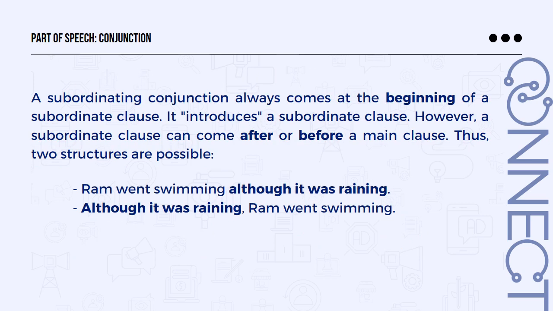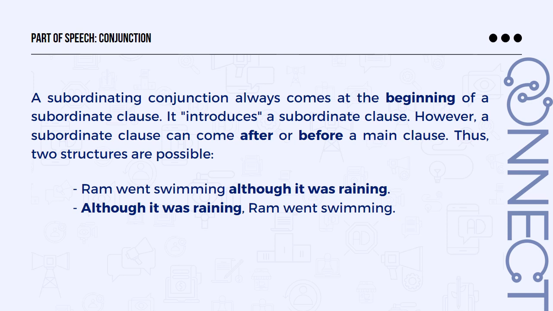Okay. So, a subordinating conjunction always comes at the beginning of a subordinate clause. It introduces a subordinate clause. However, a subordinate clause can come after or before a main clause. Thus, two structures are possible. So, ito, tingnan natin na similar sila, pero magkaiba yung construction.